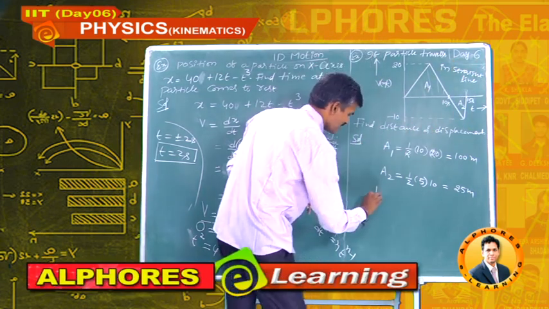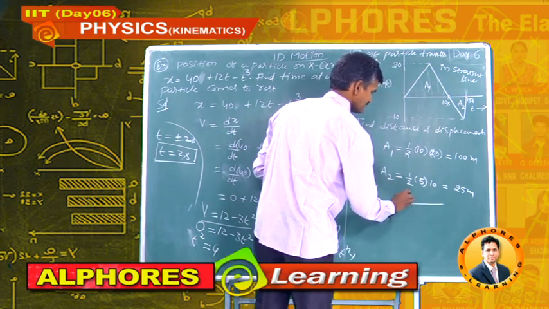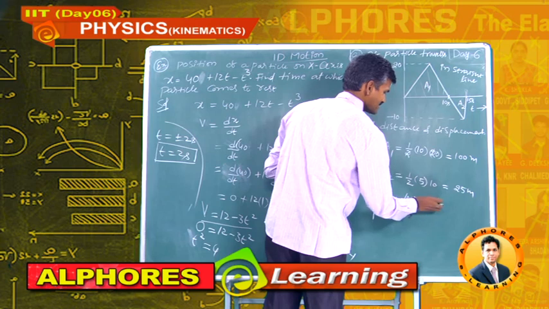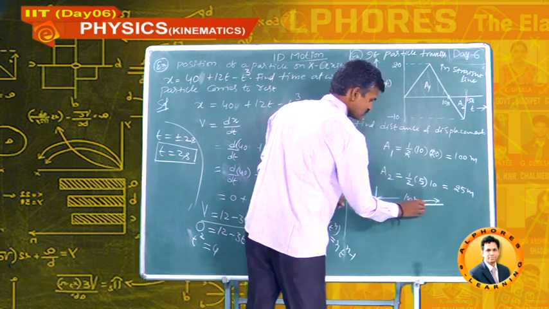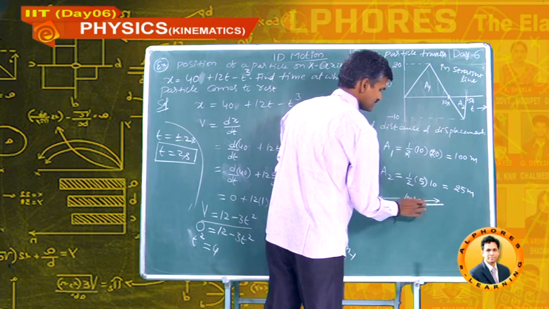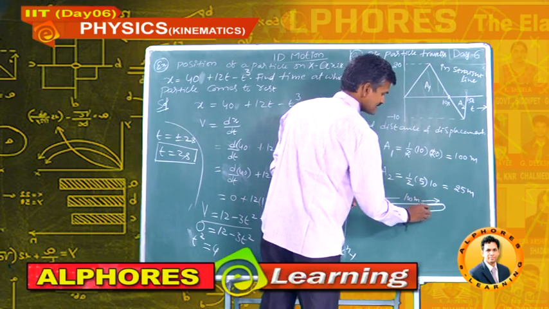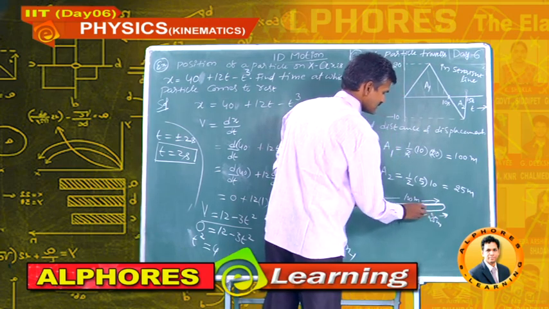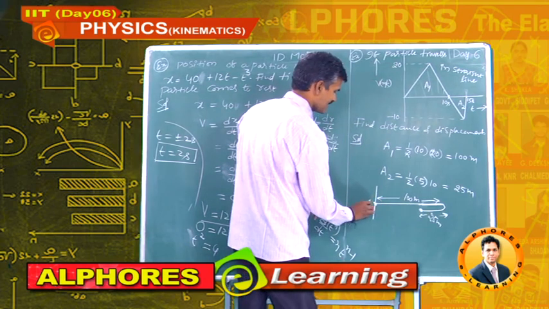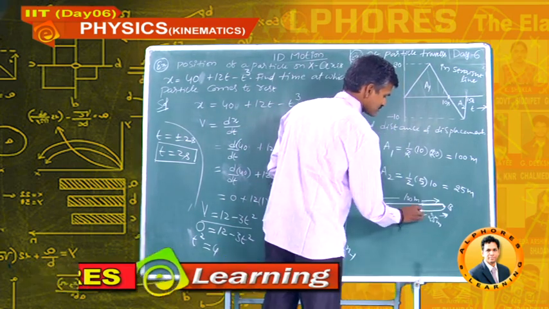I mean, a particle starts here, it travels 100 meters forward, and then returns back 25 meters. So I am drawing like this. This is 25 meters. So it starts here at A and it reaches some maximum point B and then returns back to C.